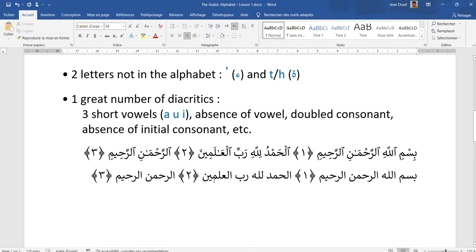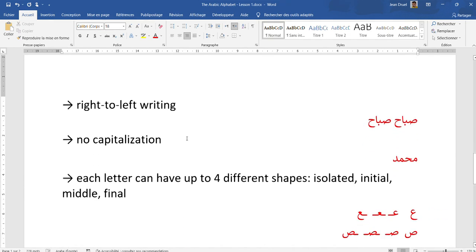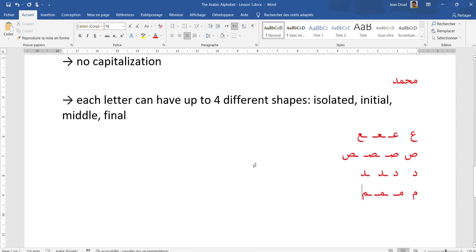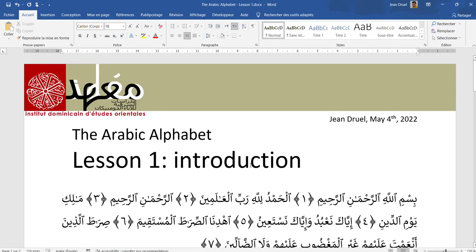A great number of diacritics note everything which is not a long vowel or a consonant: the absence of vowels, double consonants, etc. Plus examples of right to left writing, no capitalization, this is important, and the 4 different shapes that each letter can have.